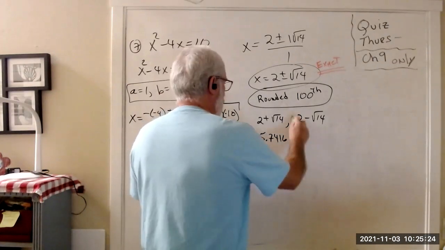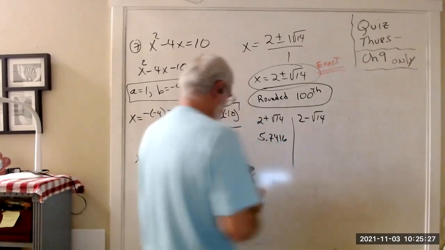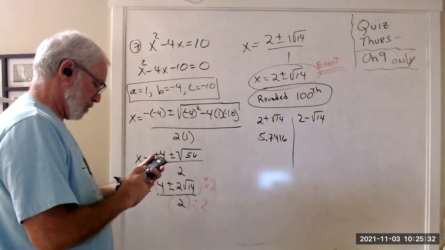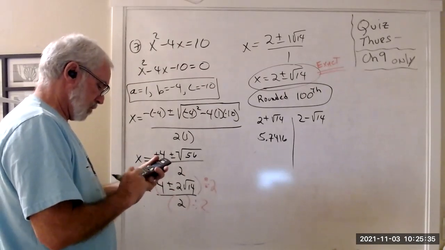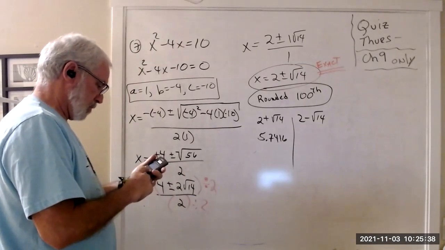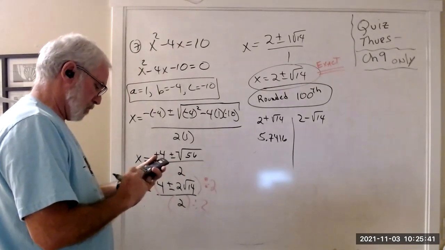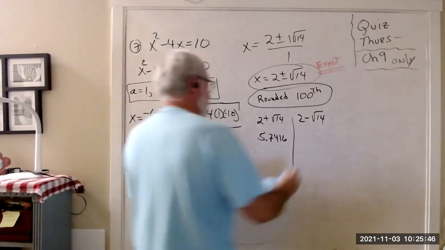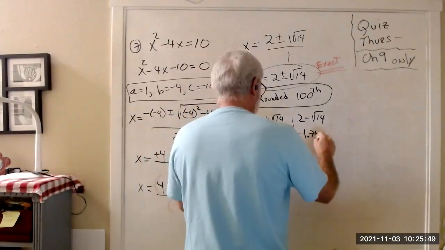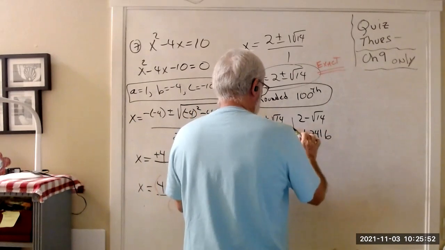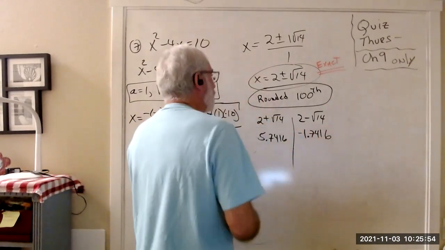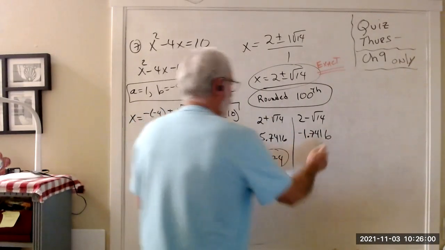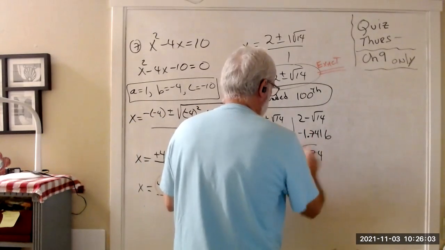It goes on. Negative 1.7416. So if we round to the hundredth, it is 5.74. We round to the hundredth, negative 1.74.